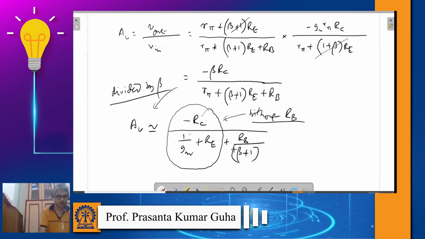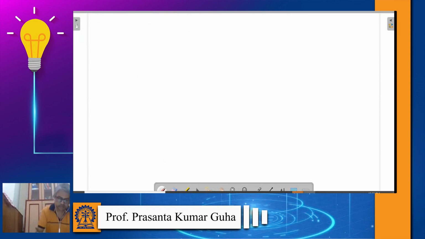What about the input impedance of this circuit?